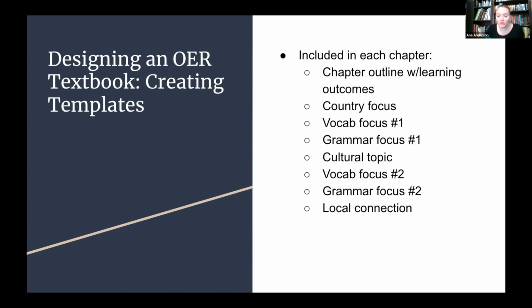And then we did a vocabulary focus related to the chapter themes, a grammar focus, a cultural topic related to the chapter themes, and then a second vocabulary, a second grammar. And we always ended with some sort of connection to our local F&M or Lancaster, Pennsylvania community. So all of our chapters followed that same format, although of course with different materials.